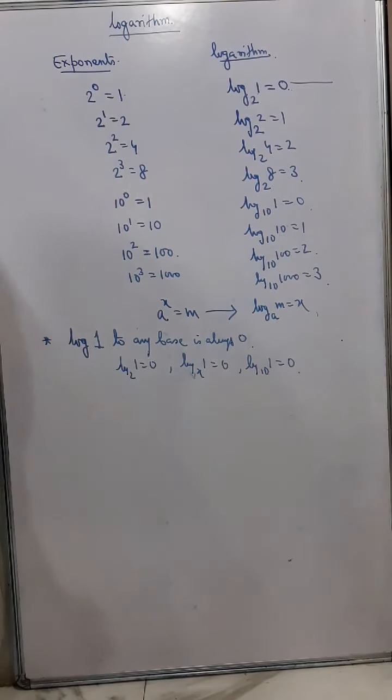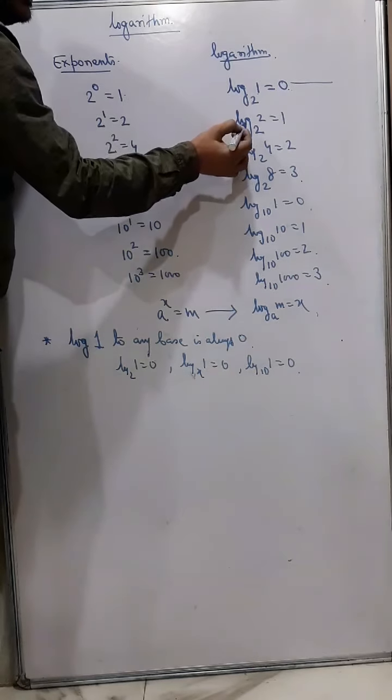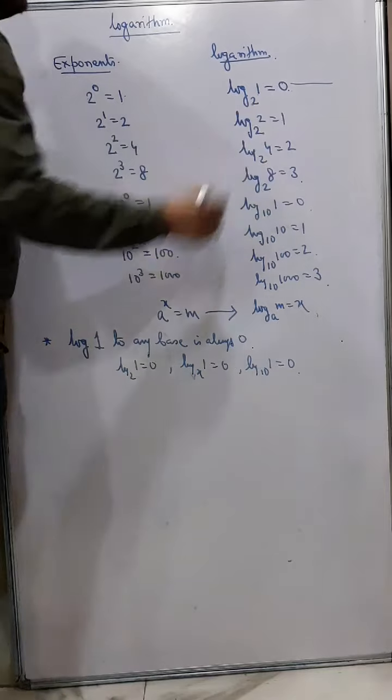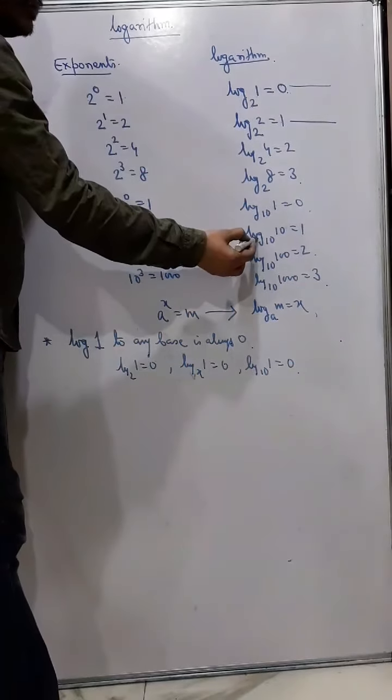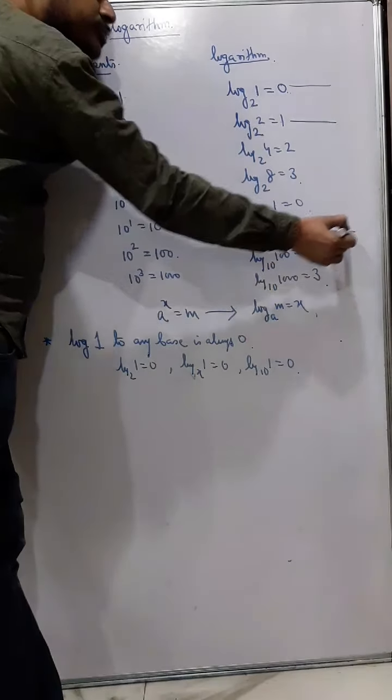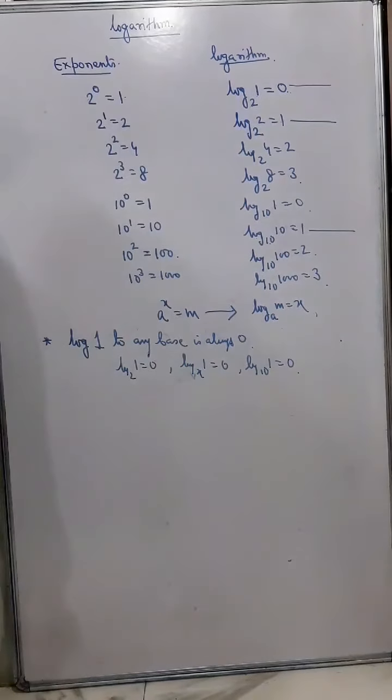Because second thing, if you can see here also, log base 2 2 equals to 1. So log base 2 2 is equal to 1. Again, if you see log base 10 10 is also equals to 1.